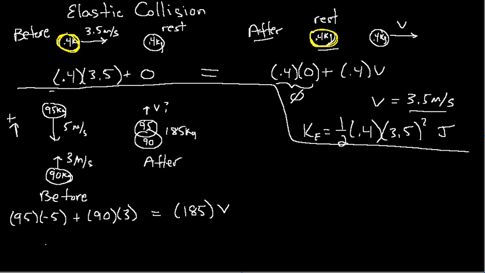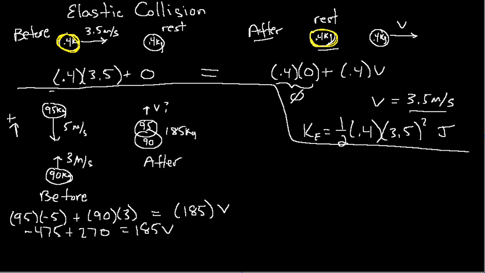Let's see what we can calculate here. Actually, I don't have to put it on pause. Let's just do it real quick. 95 times 5 is 475, so this is negative 475 plus 270, and that equals 185 times v.